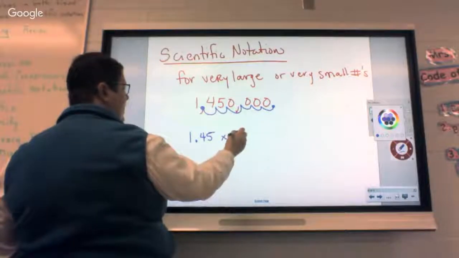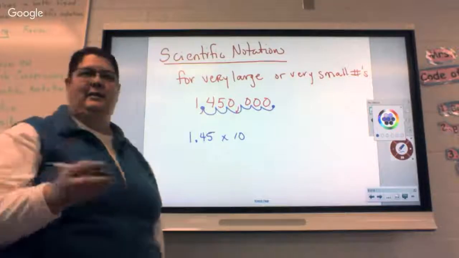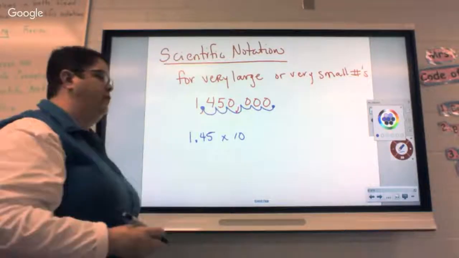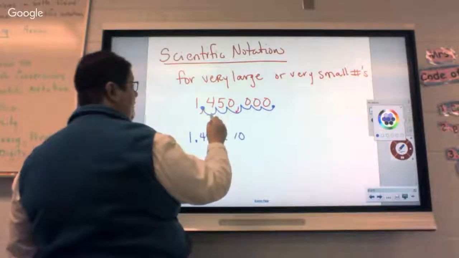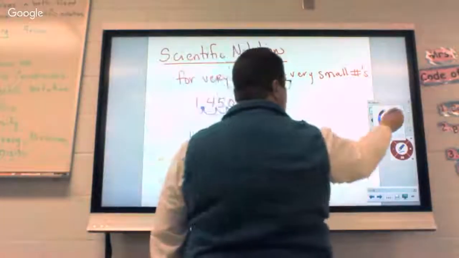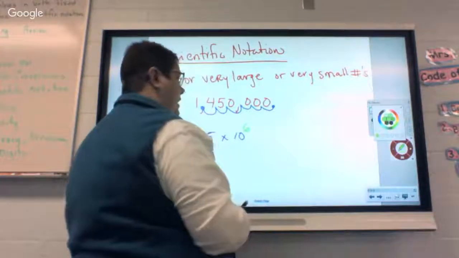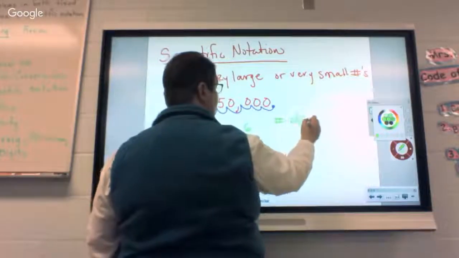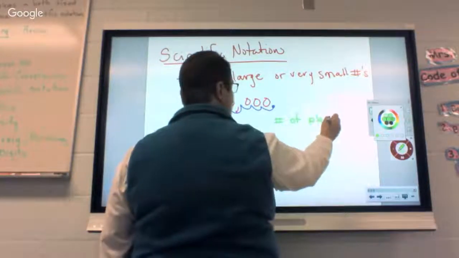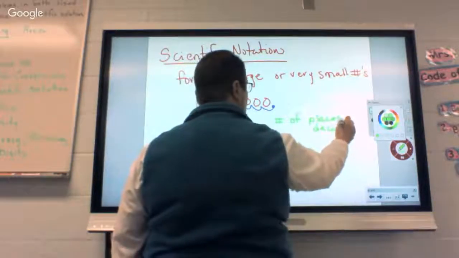times 10. Now, how many places did that decimal actually move? 1, 2, 3, 4, 5, 6. So, that 6 represents the number of places the decimal moves.